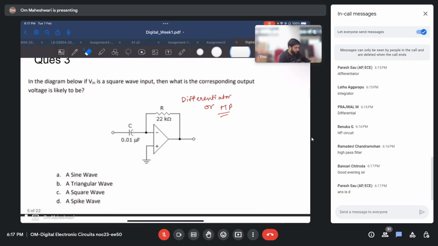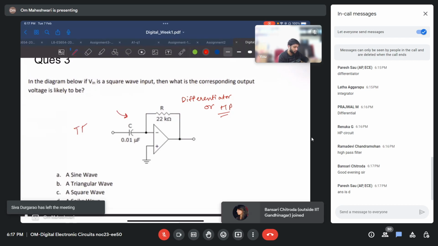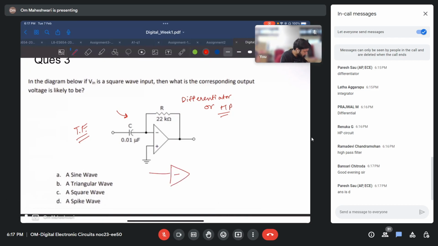This is a differentiator. I'll not go into why it is a differentiator, because for that I would need to go into the transfer function that you may see in any analog course. But if we had a circuit like this, with a resistor here and a capacitor there, then it is an integrator.